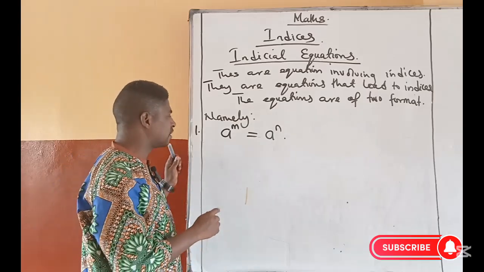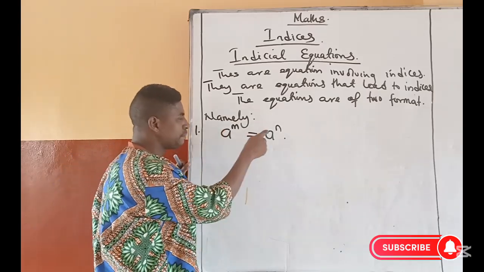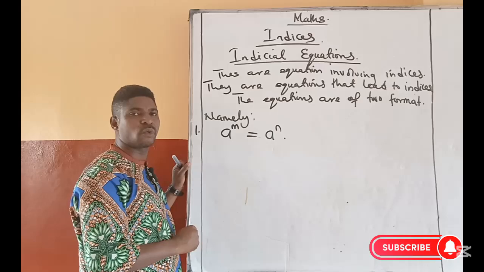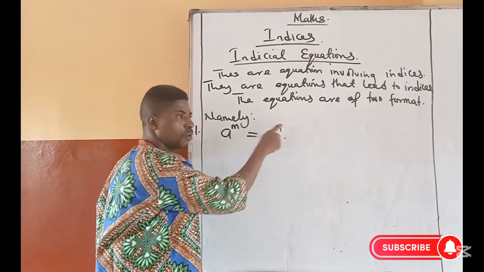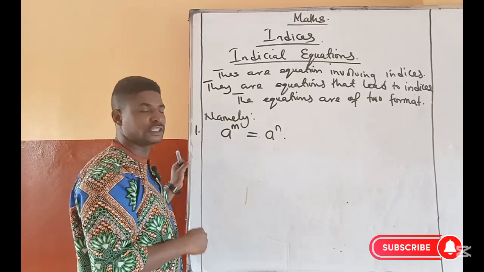Indicial equation is telling us that because the bases are the same, it means that the indices will also be equal or the same.